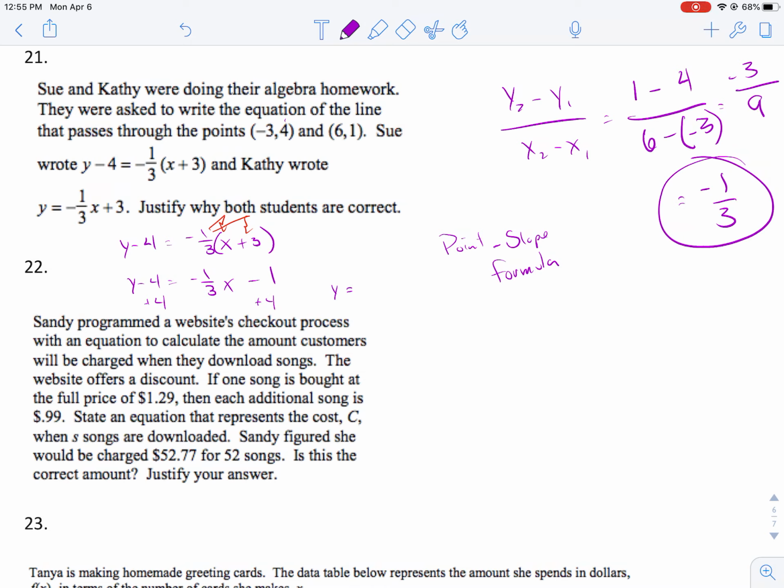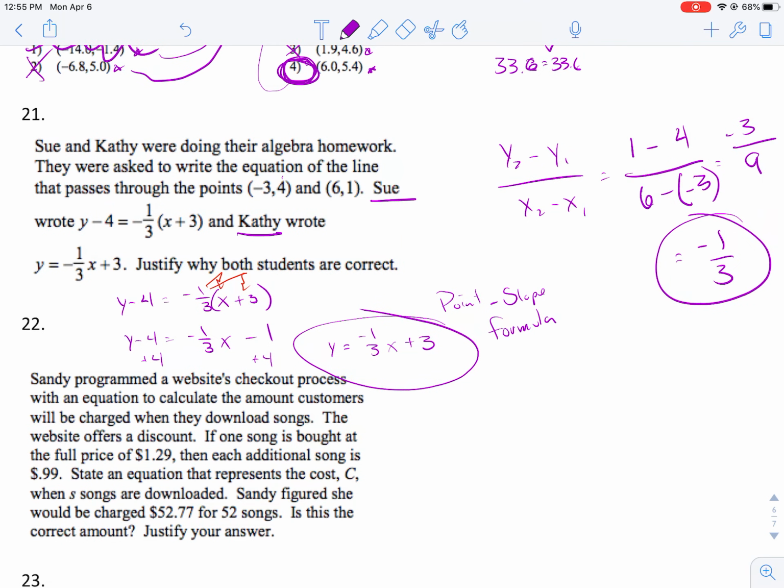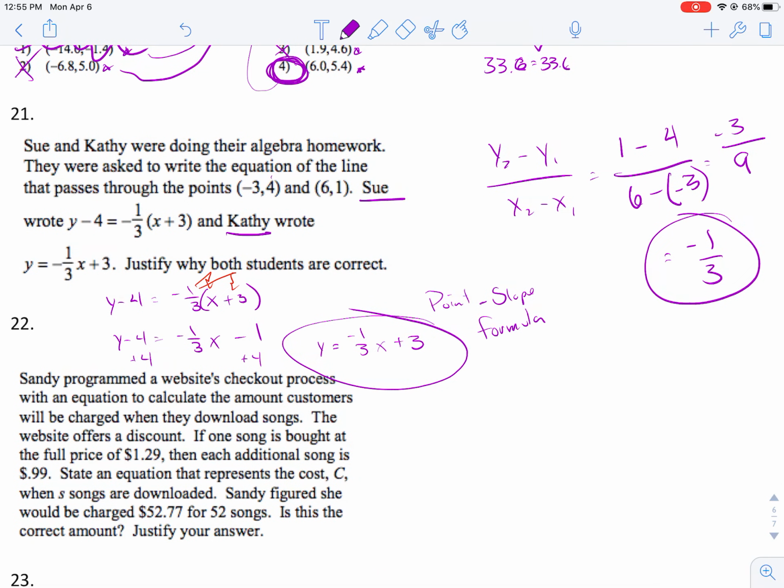We have y minus 4 is equal to -1/3 x minus 1. And then you add 4 to both sides. And voila, Sue and Kathy actually have the same equation.